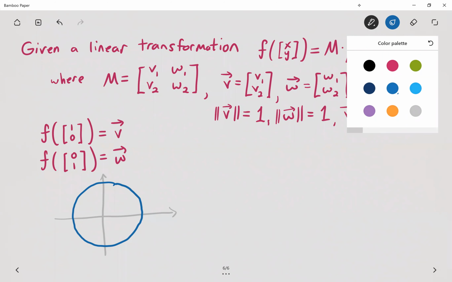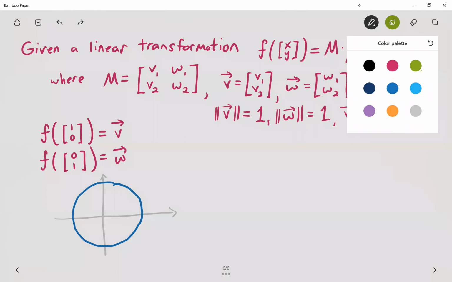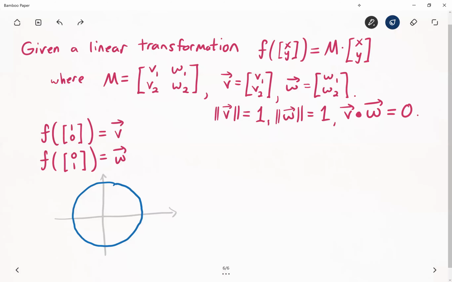Maybe I'll draw those in green. I don't think there's a lot of contrast there. Let's try a slightly darker color, a dark blue. So I've got the vector, I'll call it I, one of the basis unit vectors.